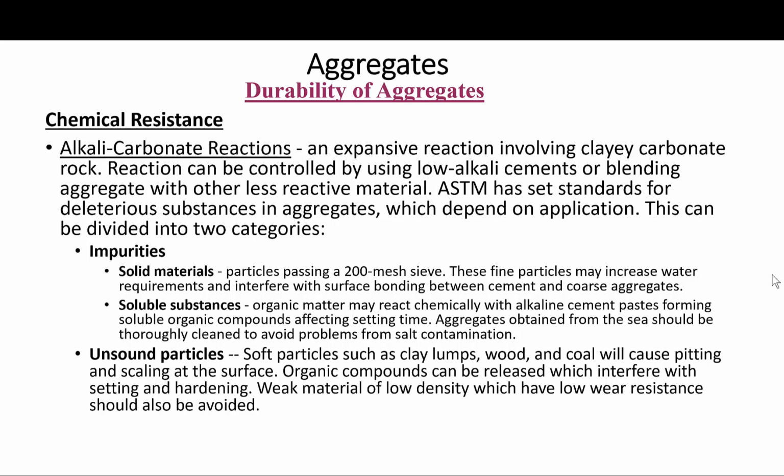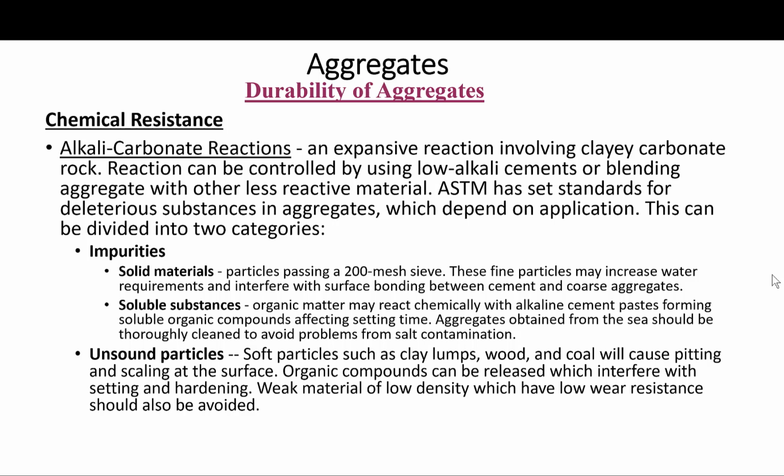A second category is the unsound particles, which are soft particles such as clay lumps, wood, and coal, which will cause pitting and scaling at the surface. Organic compounds can be released, which interfere with the setting and hardening.